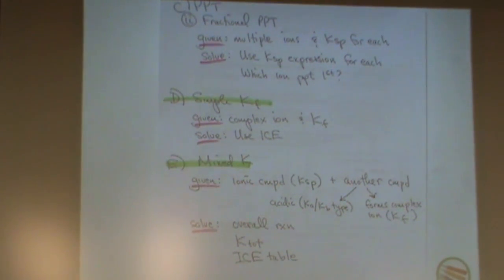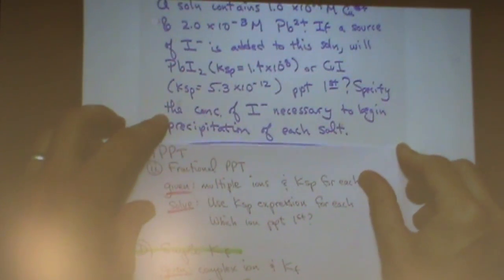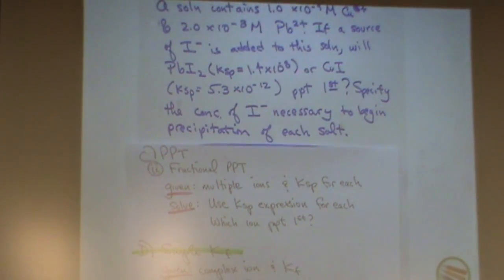Basically you're going to use a Ksp for copper iodide and lead II iodide in this. So there are 2 Ksps.